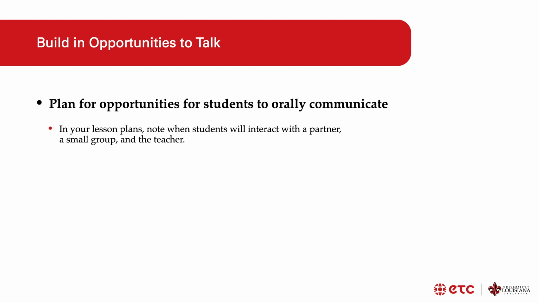We also want to make sure to create opportunities for accountable talk. So sometimes if we tell students, turn and talk to your partner about this, and we don't keep an eye on them, or they don't know that they're being held accountable, they may go off topic and talk about whatever they like.